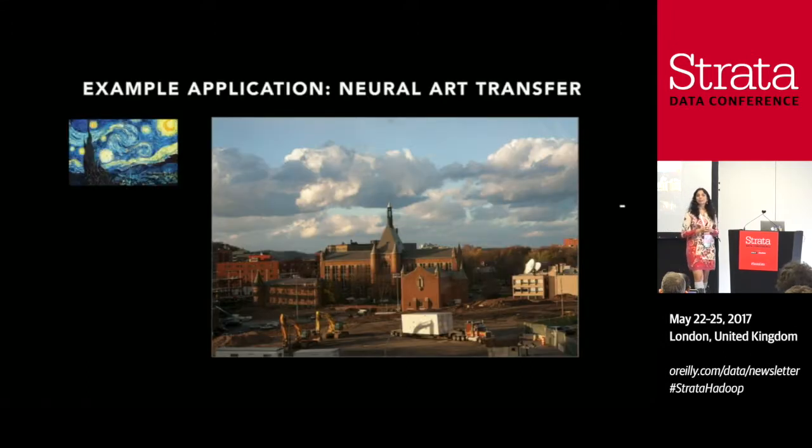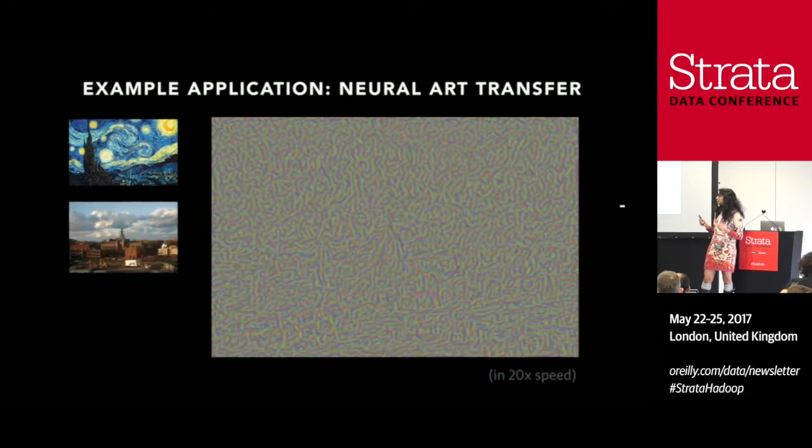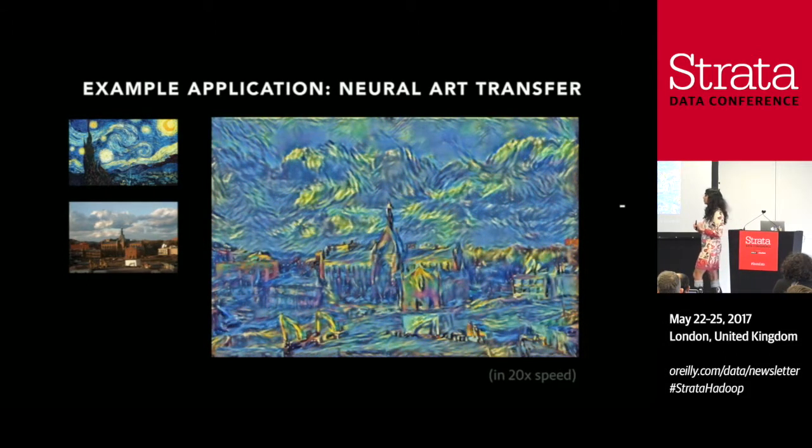You can also use deep learning for computer vision to do interesting things such as style transfer. So for instance, you want to transfer the style from the Van Gogh painting into this example photograph. You can do that by combining the features from both these images. The idea is you capture the statistics of the brushstrokes from the painting, and then you capture the object features from the photograph, and then combine them together in interesting ways to create a new artistic image.